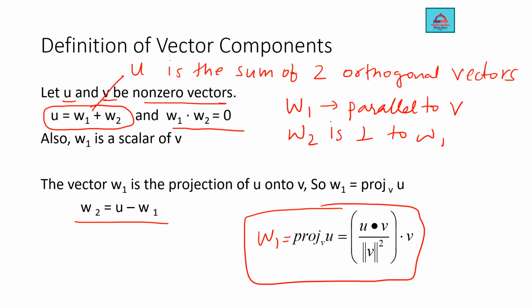So u will be given to you, w1 you will calculate, subtract them and get w2. In your ministry exam, the question will come like this: write u as the sum of two orthogonal vectors, one of which is the projection of u onto v. So let's see a question and solve it together.